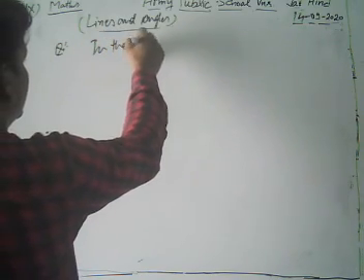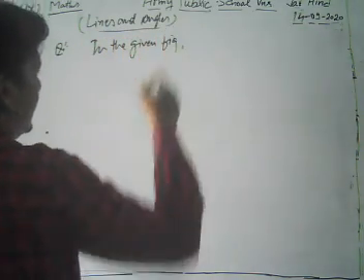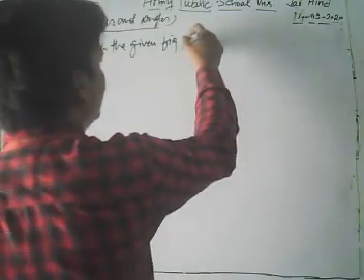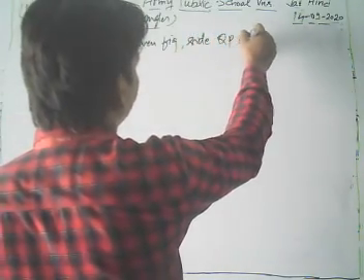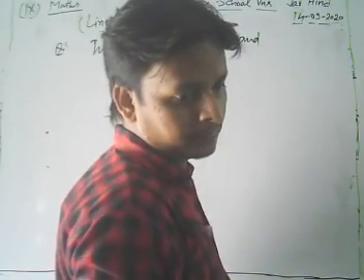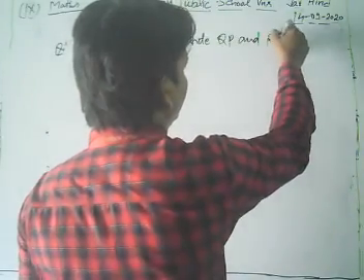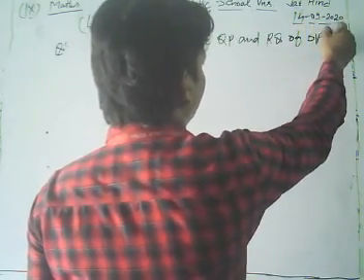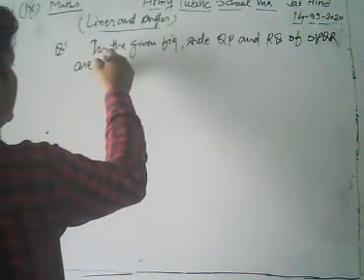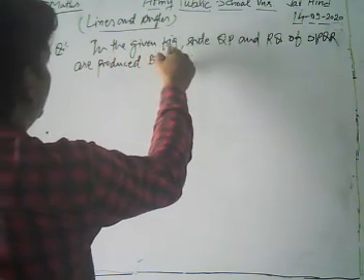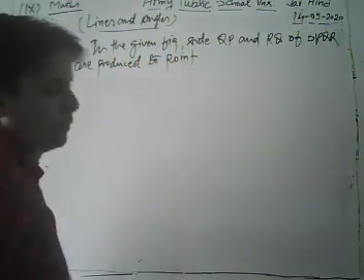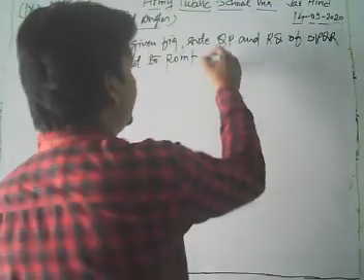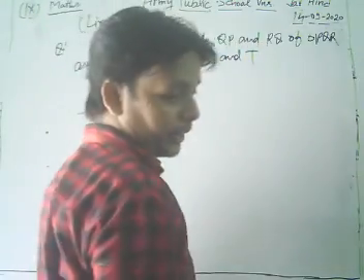In the given figure, sides QP and RQ of triangle PQR are produced to points S and T respectively.